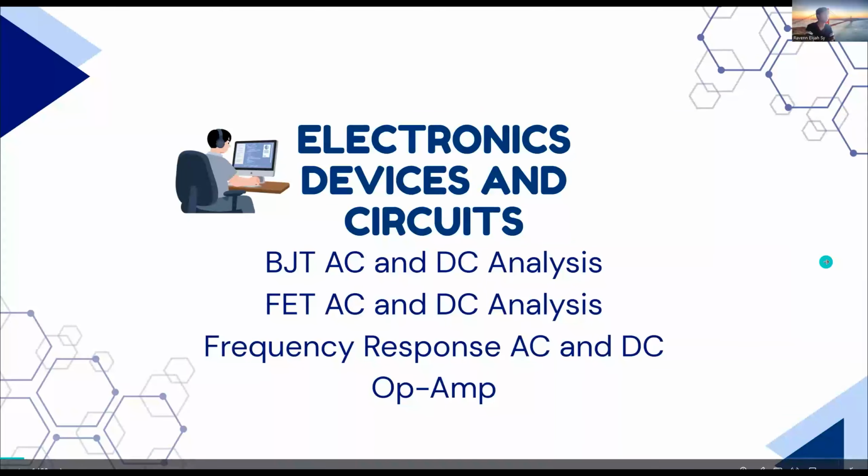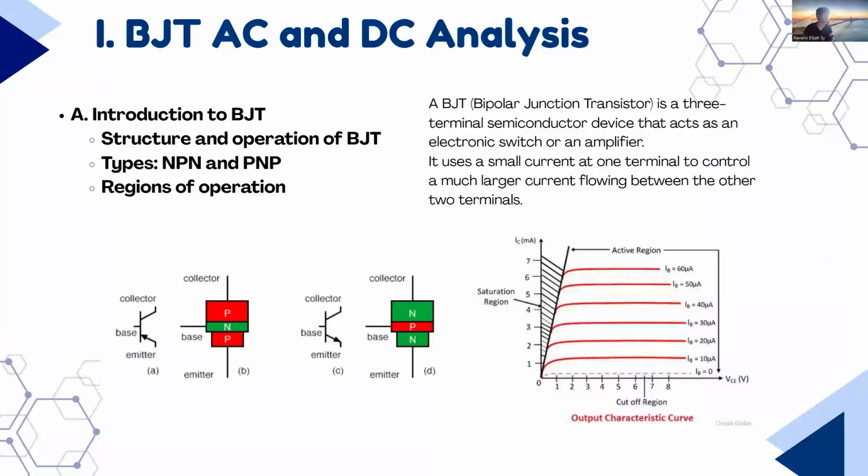So we will be starting off with what is a BJT. A BJT or bipolar junction transistor is an electronic switch or an amplifier. At its core, it is a three-layer semiconductor sandwich made of emitter, base, and collector sections.